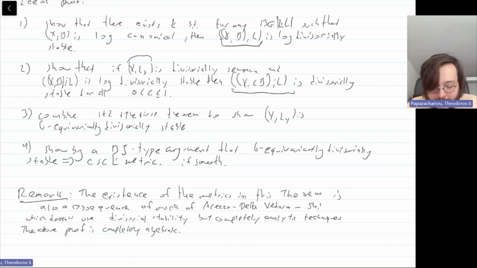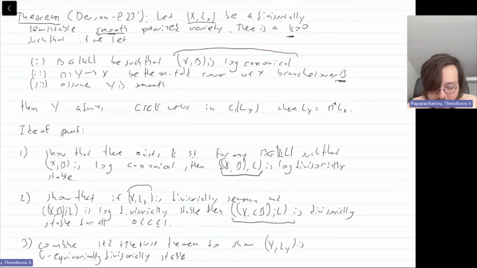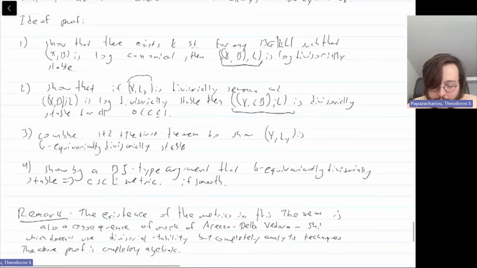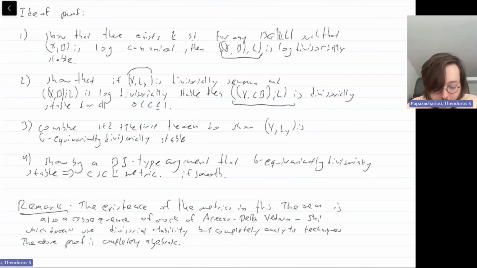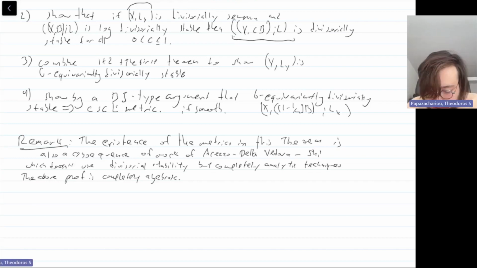And combining 1, 2, and the main theorem, you start from a divisorially semi-stable variety. You show that there exists a B such that the pair is log divisorially stable. So essentially this pair here is also divisorially stable. And then apply the main theorem.